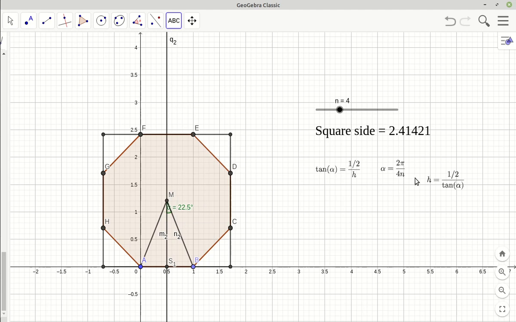Okay, and this is basically your algorithm for finding h, and the side length is then going to be 2 times h. So it's actually going to be 1 over tangent of alpha.